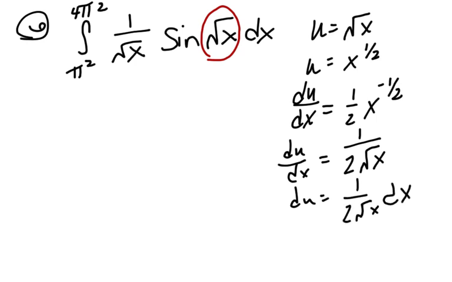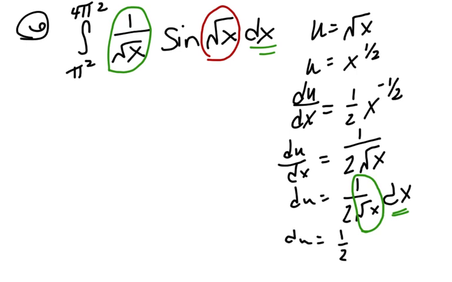Now, as you can see, we already have this 1 over square root of x here, and the dx, so all we really need to do is take care of this 1/2 by multiplying both sides by 2. 2 du equals 1 over the square root of x dx.